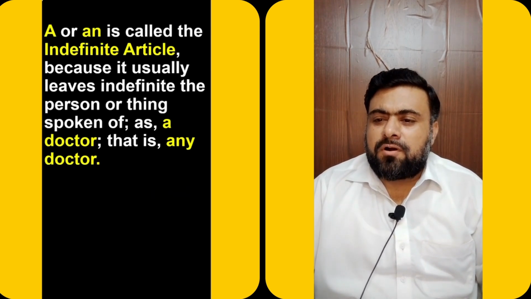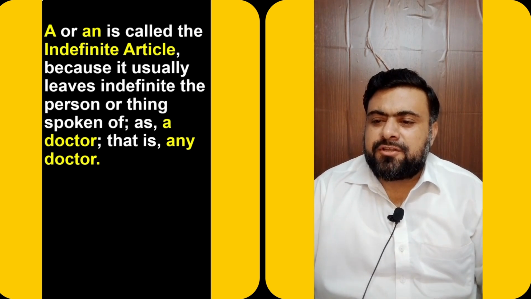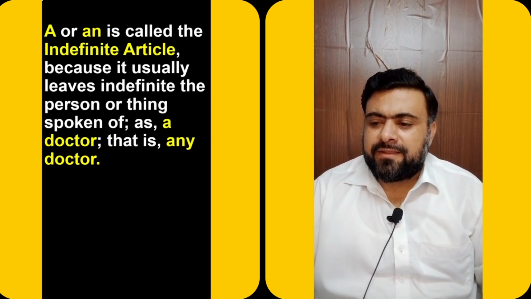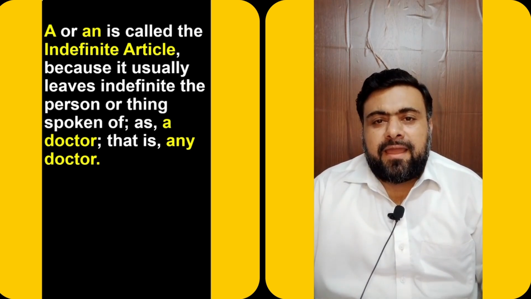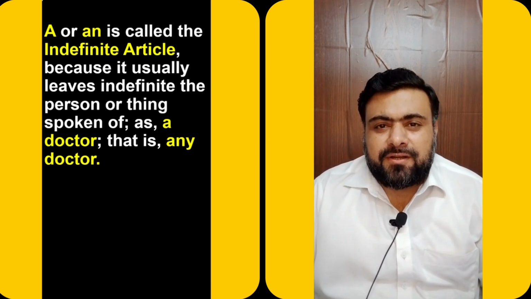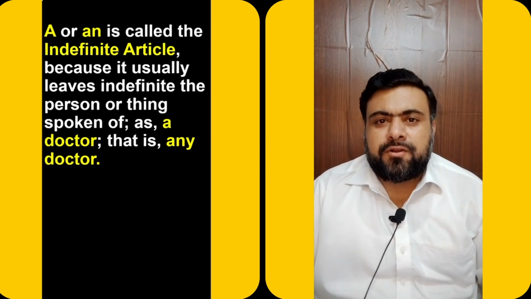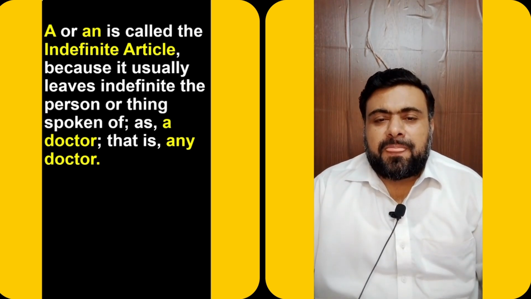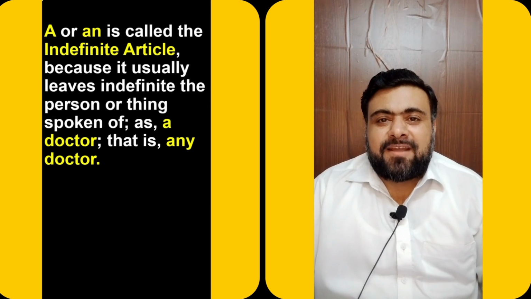A or an is called the indefinite article because it usually leaves indefinite the person or thing spoken of, as a doctor, that is, any doctor. A or an are called the indefinite articles because when they are used with a noun, that noun is an indefinite one.